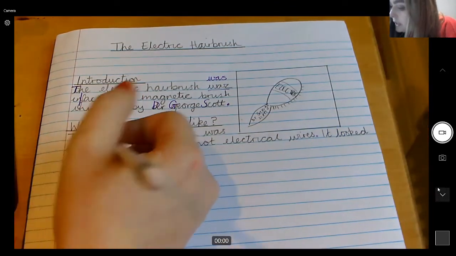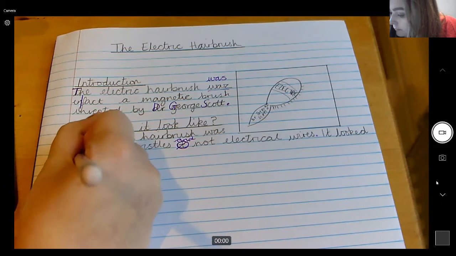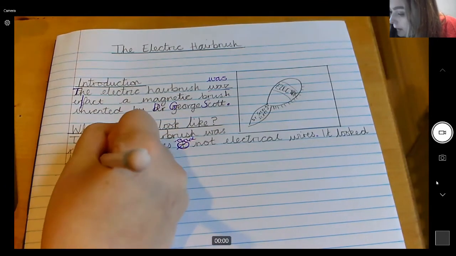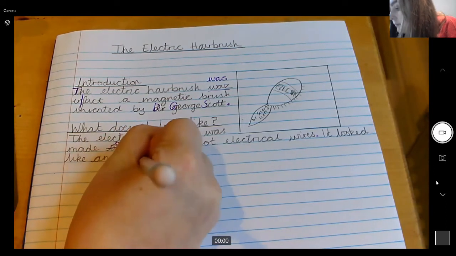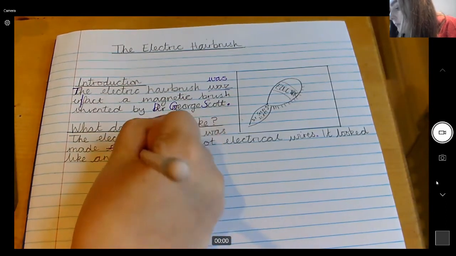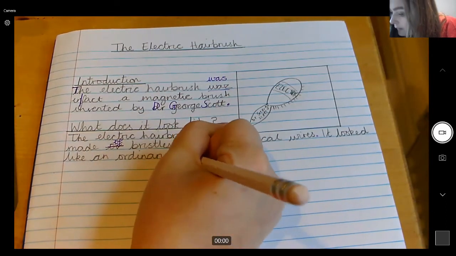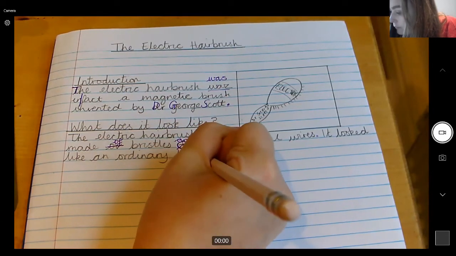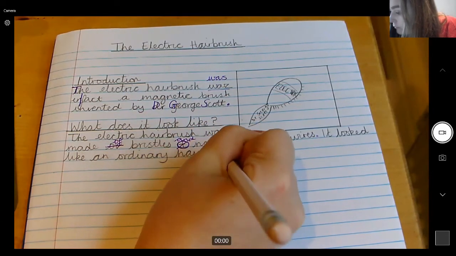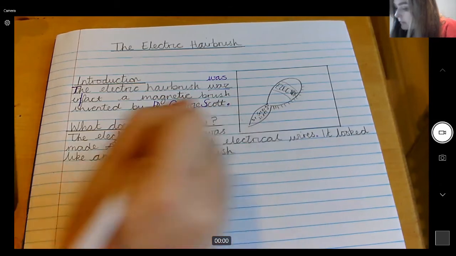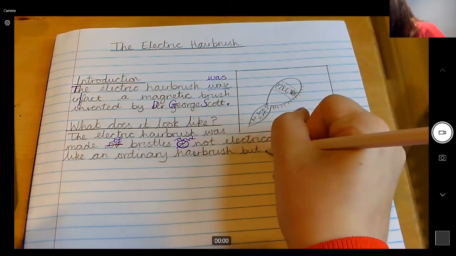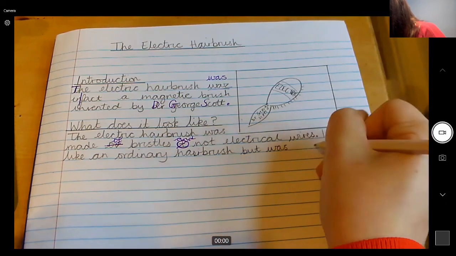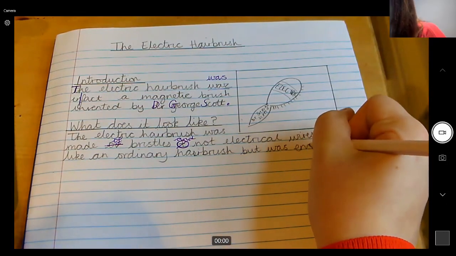It looked like an ordinary hairbrush, but was engraved.